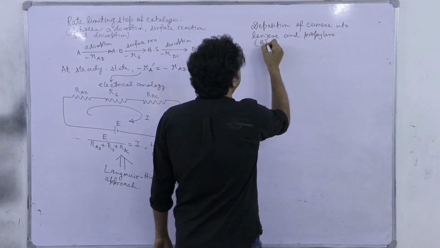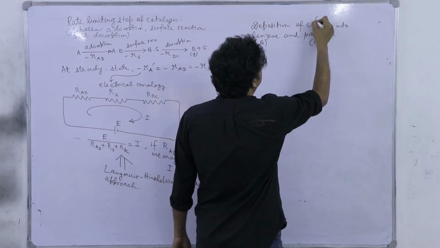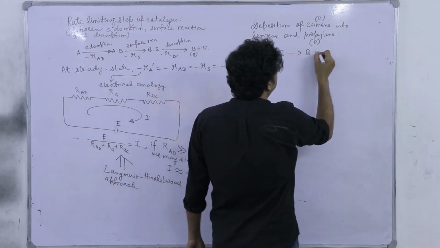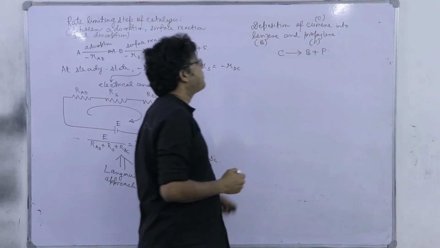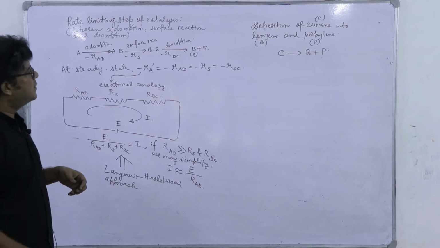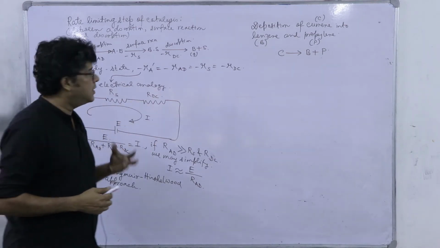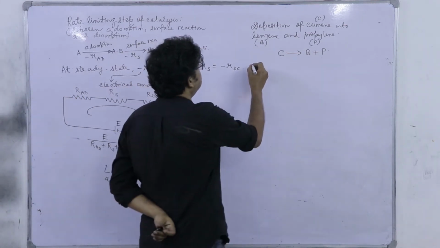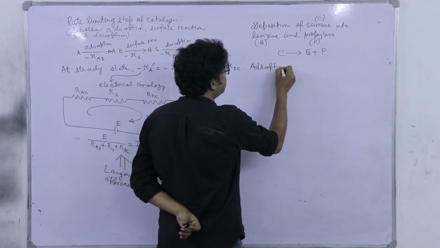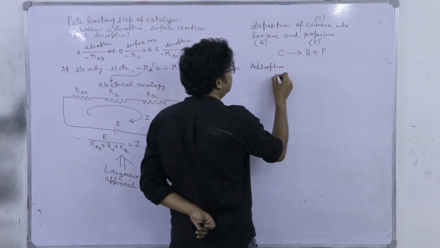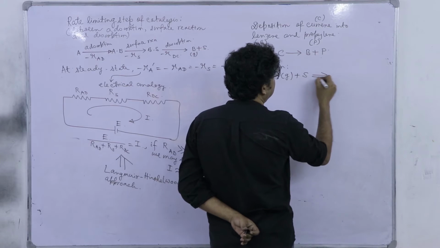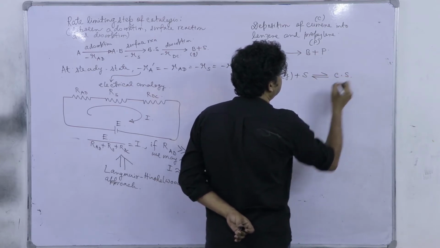Benzene is B, propylene P and cumene C. So, the reaction is C giving B plus P. If we think of the intermediate steps, first we will have the adsorption of cumene onto the active site: cumene in the gas phase plus active site giving C dot S.